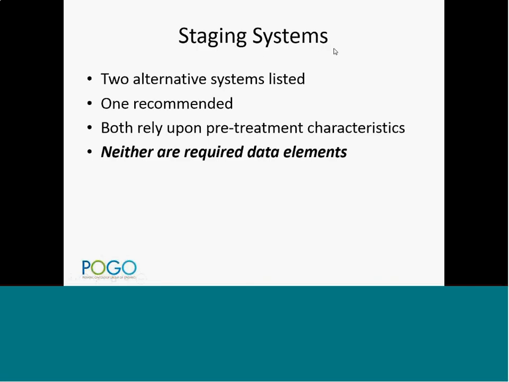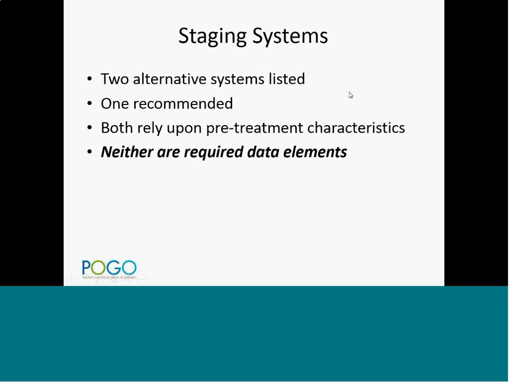My last series of slides is essentially on the staging systems. In both the 2011 and 2016 cancer protocols, there are two alternative systems for staging that are listed and described. It's the first one, and I'll show you that.